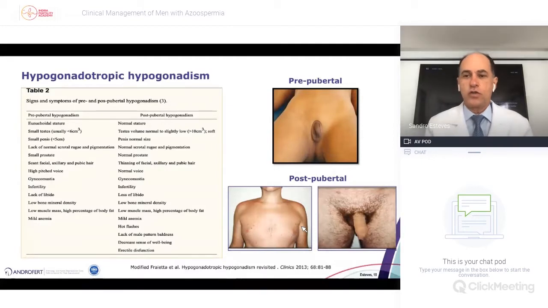So this is important to differentiate both conditions. Post-pubertal hypo-hypo usually relates to pituitary surgeries or encephalic trauma that could be the cause of lack of FSH and LH, secondary to conditions affecting the pituitary after puberty.